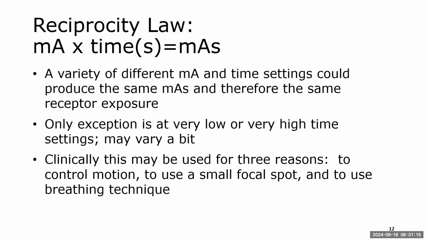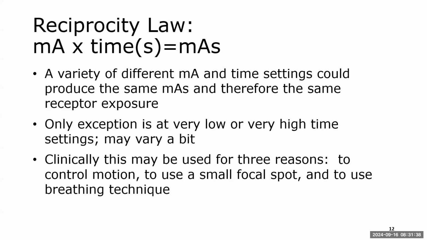So reciprocity law, that is the name for this formula. So MA times time in seconds equals MAS is how you write reciprocity law. What it's stating is that there's a variety of different MA and time settings that could produce the same mass and therefore the same receptor exposure.